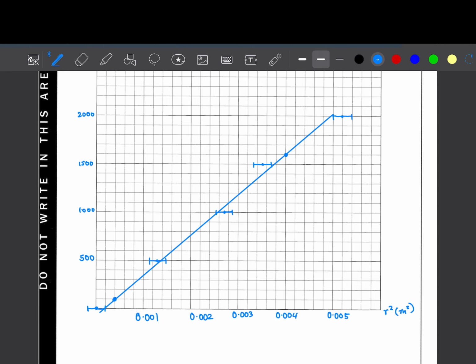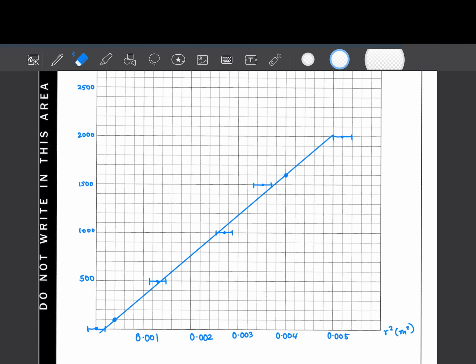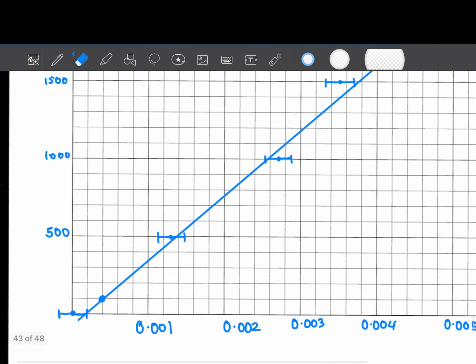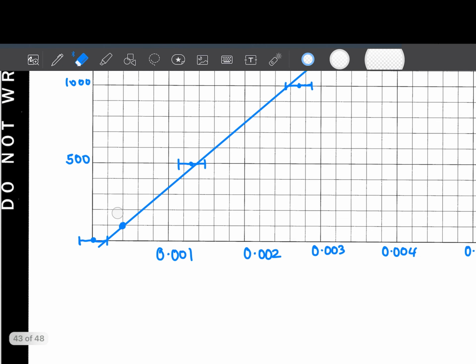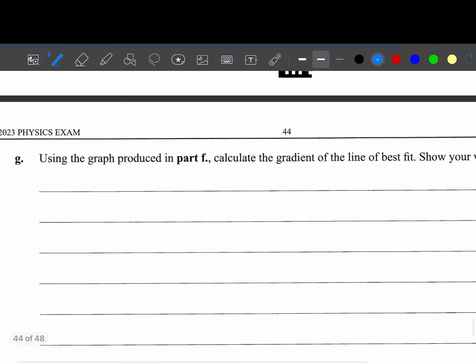There's one over here. We can just use this point over here because this looks like an x-intercept. So this will be 0.0002, as we wanted it to be. Okay, we can just use that.